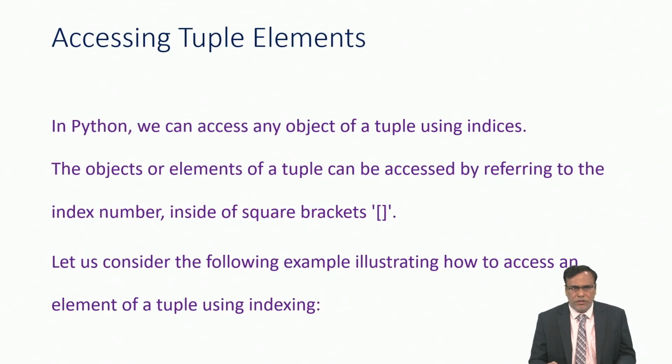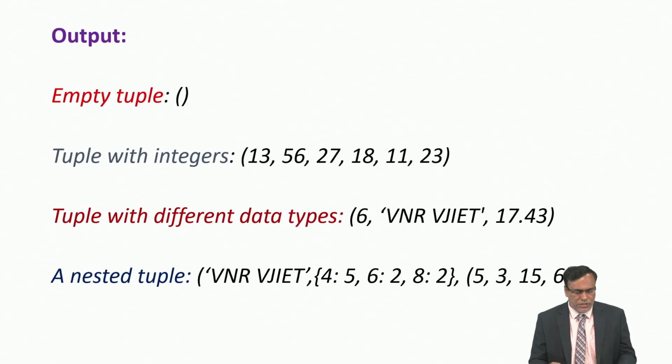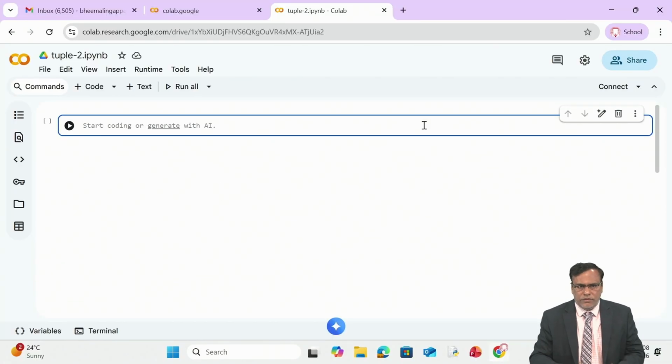Now let us see how to create a tuple by ourselves. What you are supposed to do? First you have to give the name of the tuple. Suppose, for example, I am giving tuple_1. You know that for creation of a tuple, you have to use parentheses.